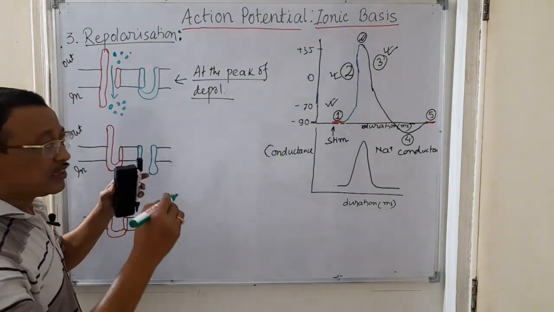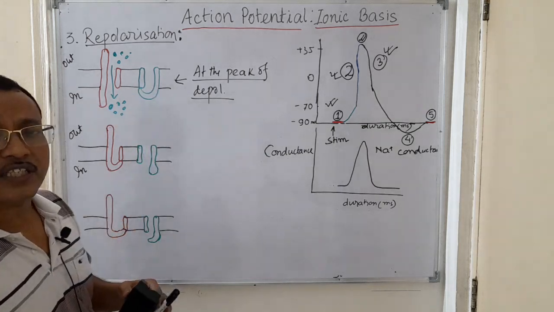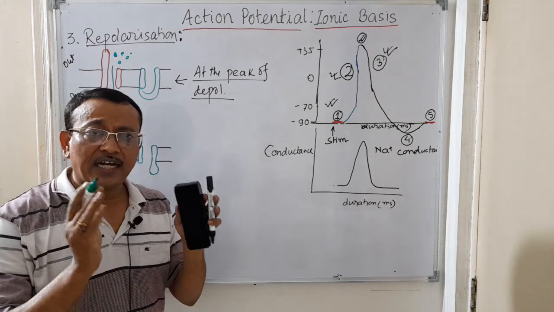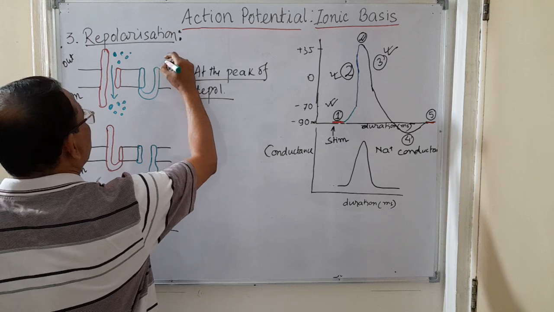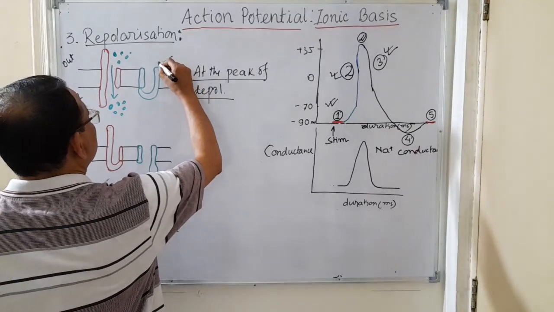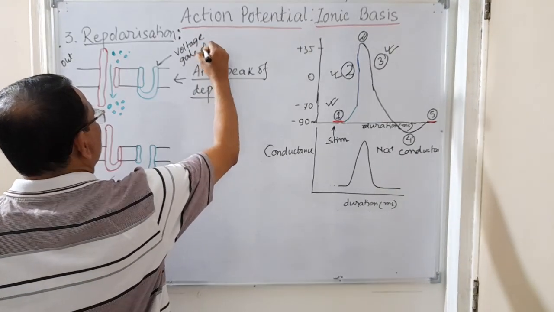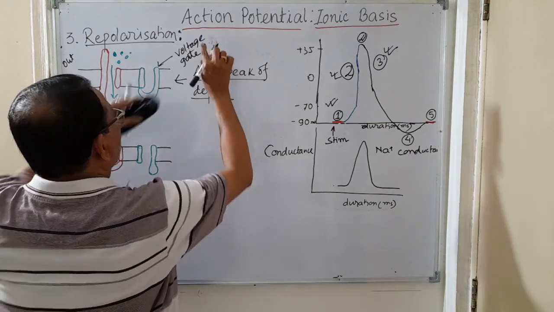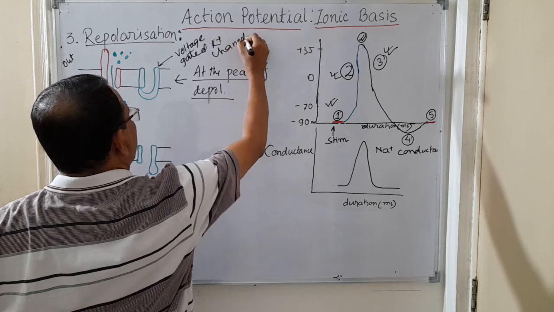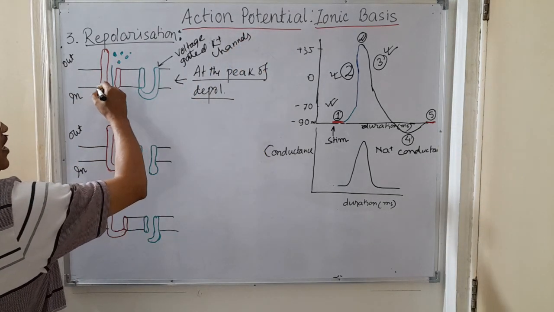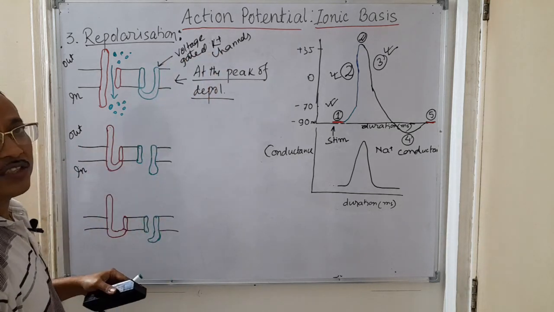At the same time, besides the voltage gated sodium channels, there is another category of voltage gated ion channels, the voltage gated potassium channels. In addition to the sodium channels, there are also voltage gated potassium channels on the membrane.